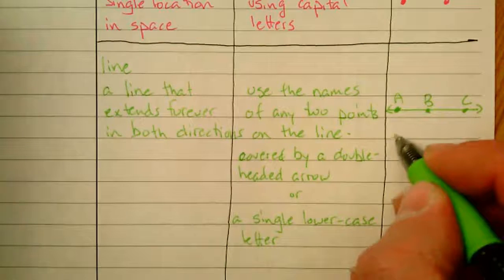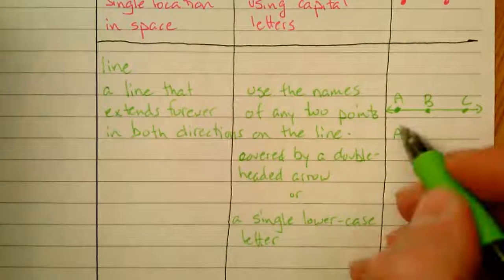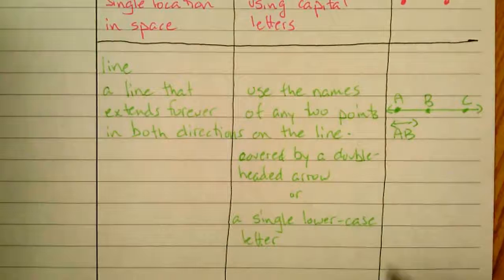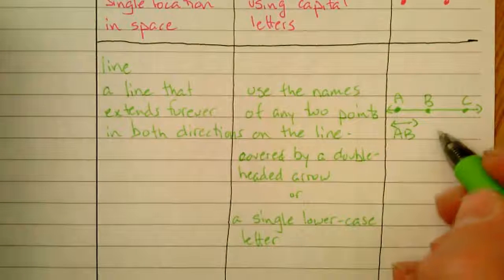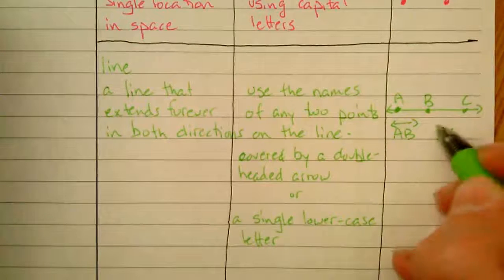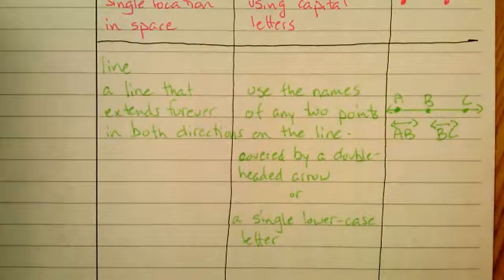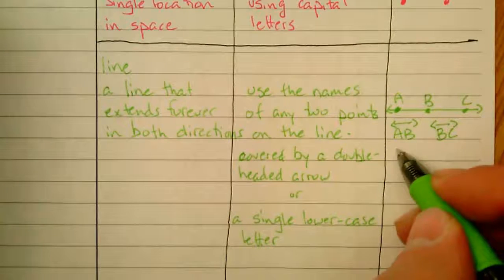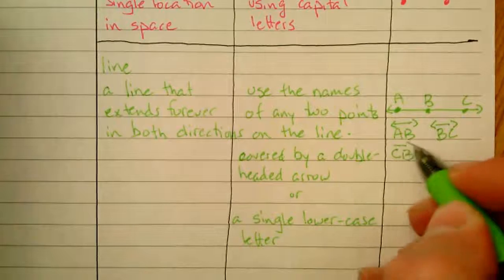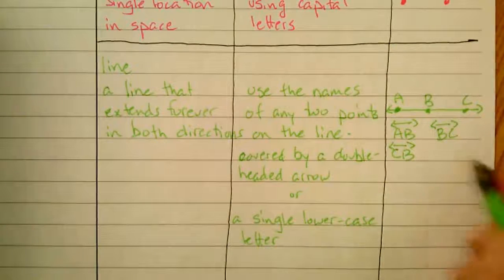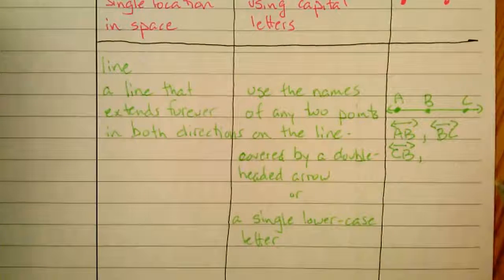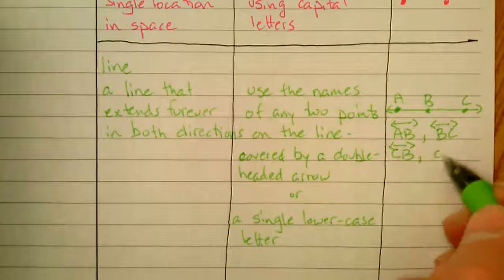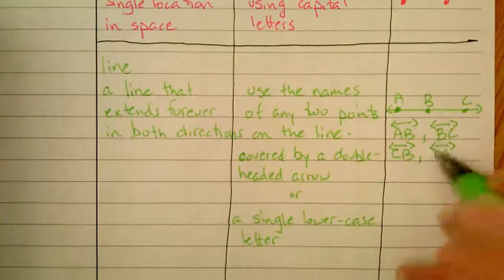We could call this line AB, and you put that double-headed arrow over to tell you it's a line. We could call it line BC. We could reverse the order and call it line CB. Or we could call it CA.